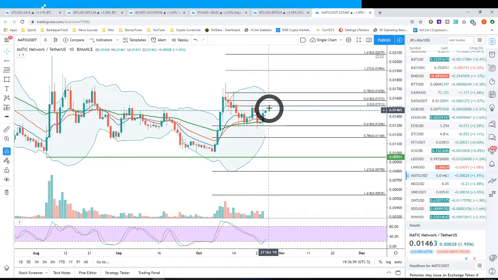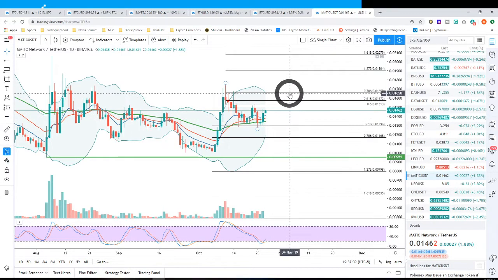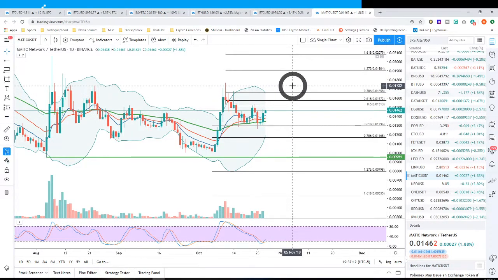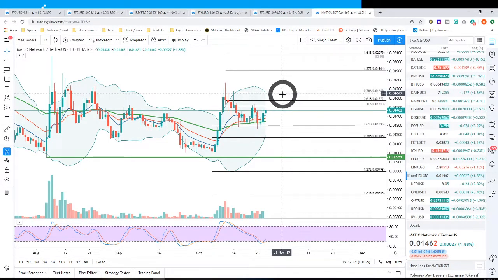You've got a potential, probably by tomorrow or the next day, I would expect Matic to probably move a lot higher. I could see this one at least testing right up in here, 0.01576, and probably breaking this area right up in here.